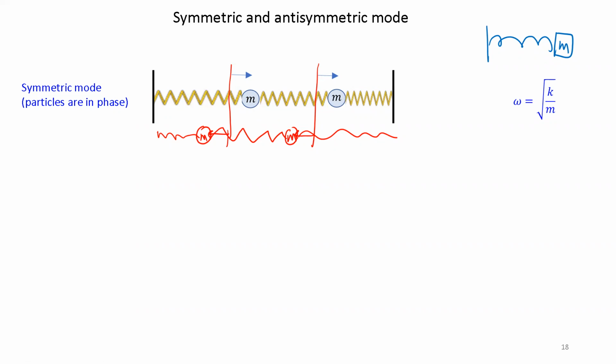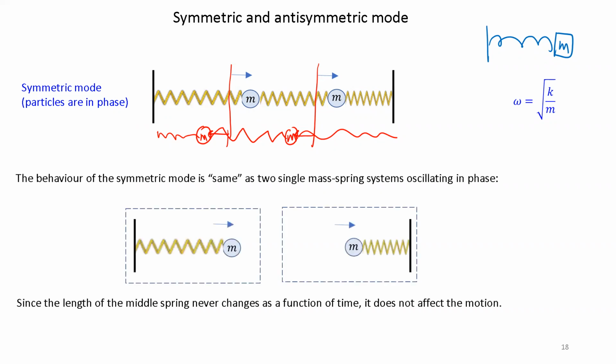Therefore, if I just take the middle spring away, I could consider the following: this one is stretched, this one compressed. Now, if the middle spring is out, that means this whole system can be considered as two independent oscillators like this.